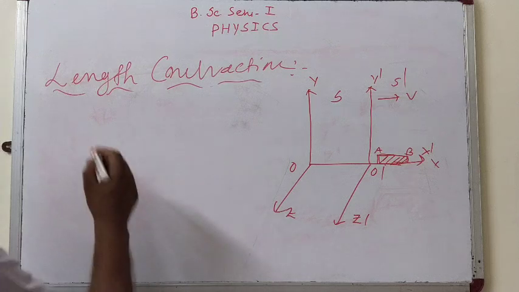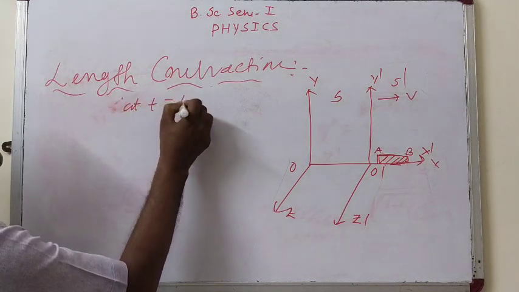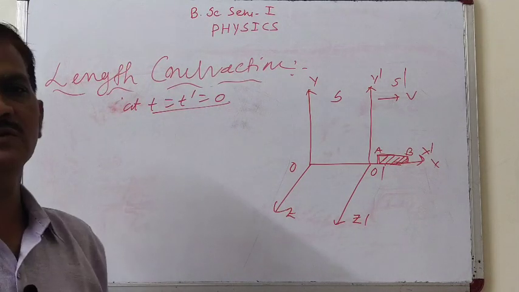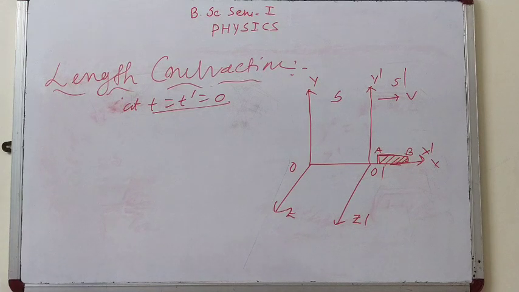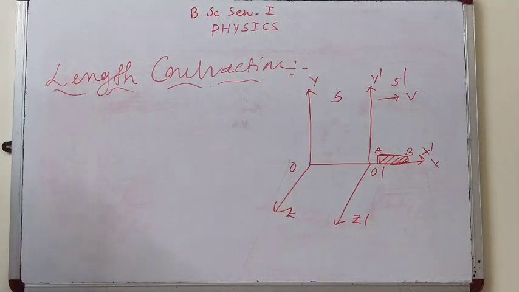Also you know at t equal to t dash equal to 0, the origins of both the frames coincide with each other. Then we observe the rod AB from frame S dash, or in a simple way, the observer O dash observes rod AB.